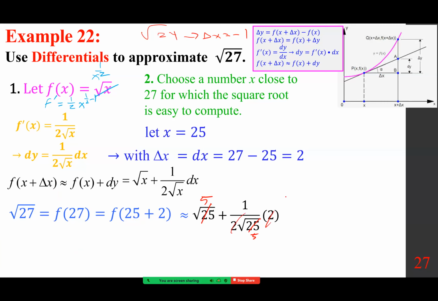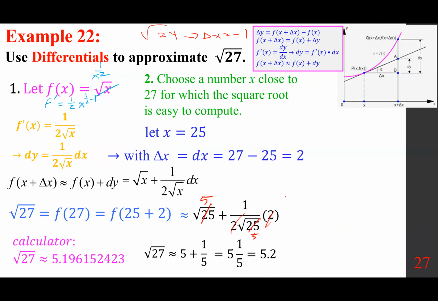So we have 5 plus 1/5, 5 and 1/5 or 5.2. Now, if you look at the calculated result, I hope you see that it's very close. In fact, if you go with 1 decimal, because next to it is 9, you have to change it to 2, and it becomes identical.